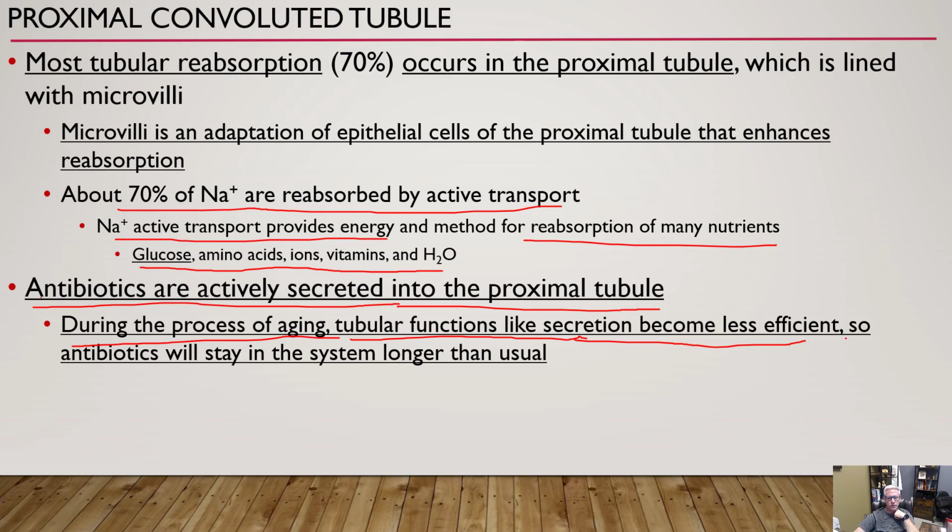So in the elderly, antibiotics will stay in the bloodstream longer than usual. If a normal young person takes 1,000 milligrams of an antibiotic every day, an older person might need 750 milligrams of an antibiotic.